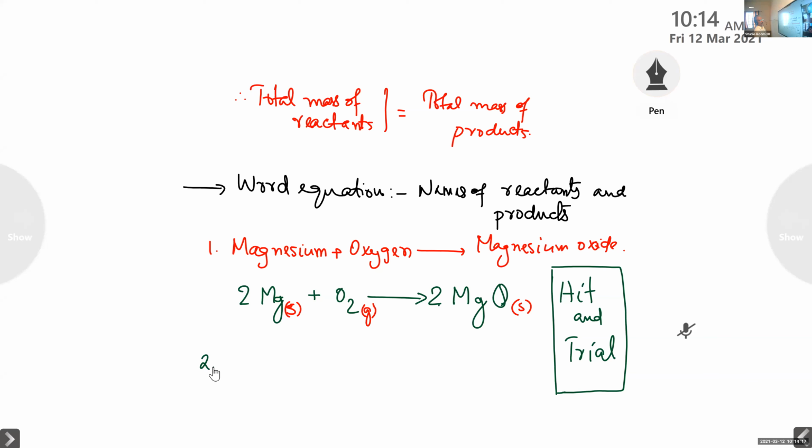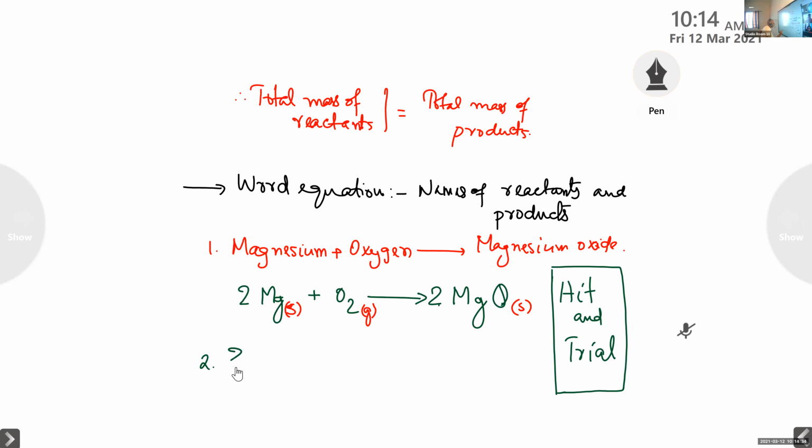What is the word equation for the reaction between zinc and dilute sulfuric acid? Which are the reactants? Zinc and sulfuric acid.